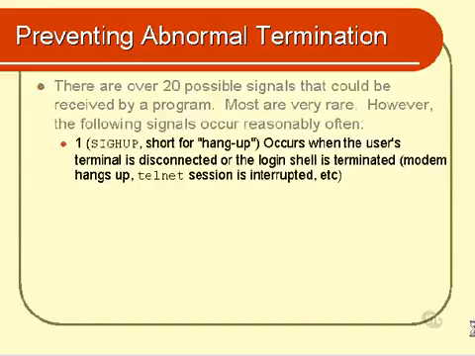The first is signal number 1, which is what we call the SIGHUP signal, where HUP is short for hang up, and that occurs whenever the user's terminal is disconnected or the login shell is terminated. That can happen when the modem you're connected to hangs up, or a telnet session is interrupted, or a network goes down, or your terminal becomes unplugged, or whatever.